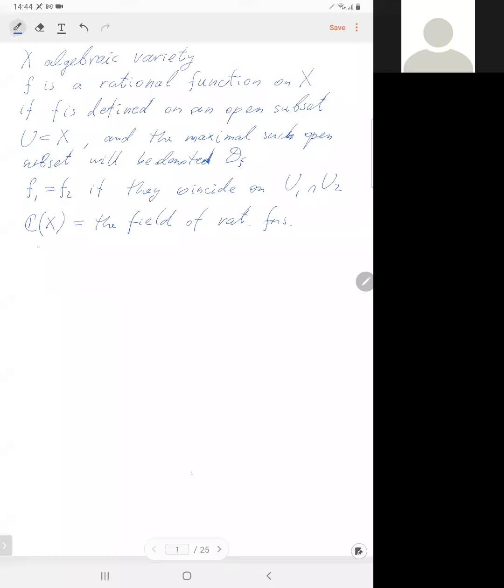So if X is affine, and A is the ring of regular functions on X, then the field of rational functions on X is just the fraction field of this ring of regular functions.